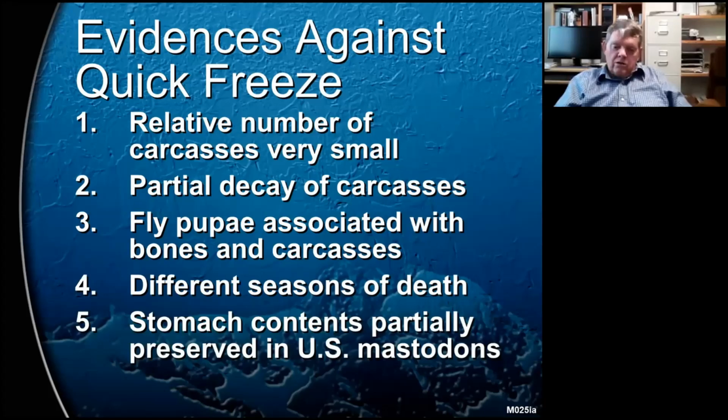But there are stomach contents partly preserved in U.S. mastodons that died in peat bogs in the Northeast United States. If you find partially preserved stomach contents there, it's not such a special thing to have partially decayed vegetation in the stomachs of these carcasses, half decayed in Siberia. So all these kind of militate against a quick freeze.